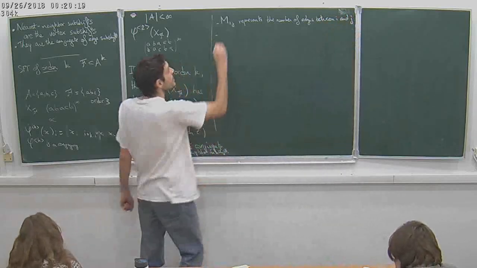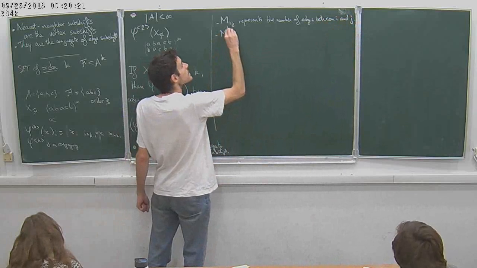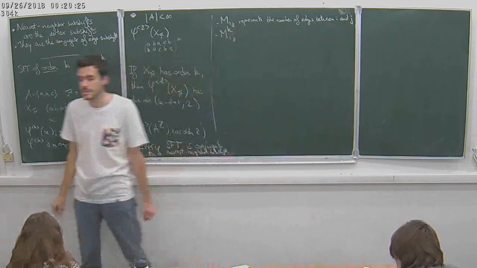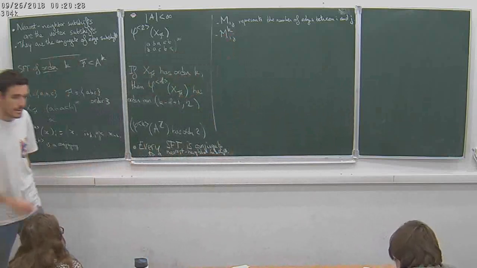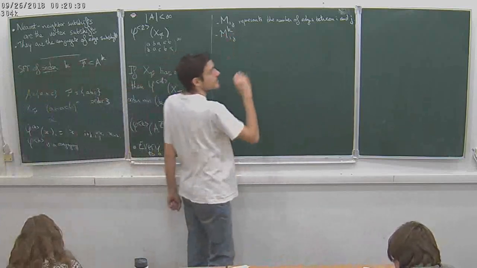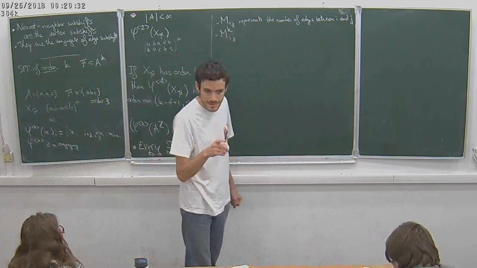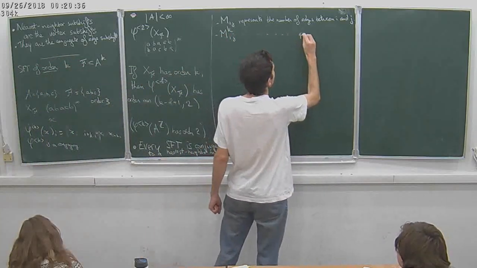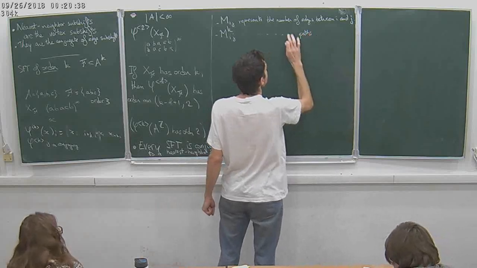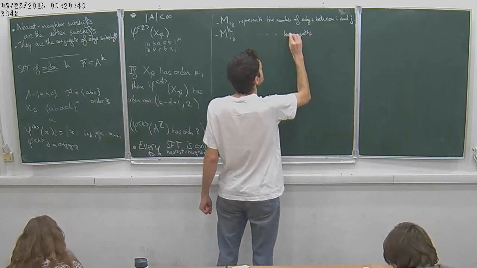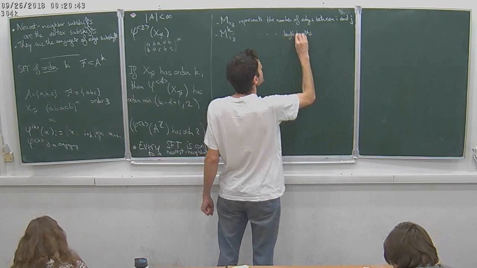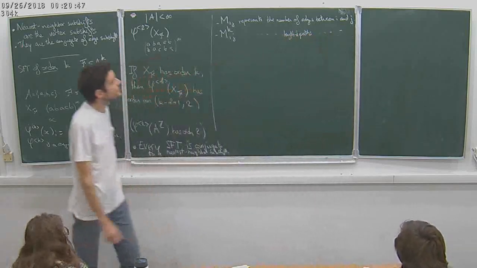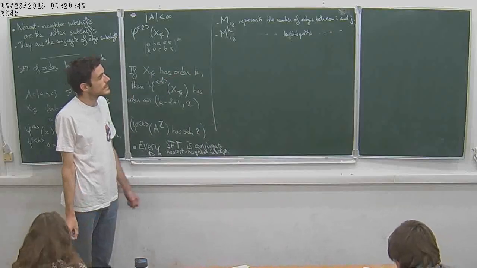So now M to the k, entry ij, what does this represent? The number of paths between i and j of length k. Yes.